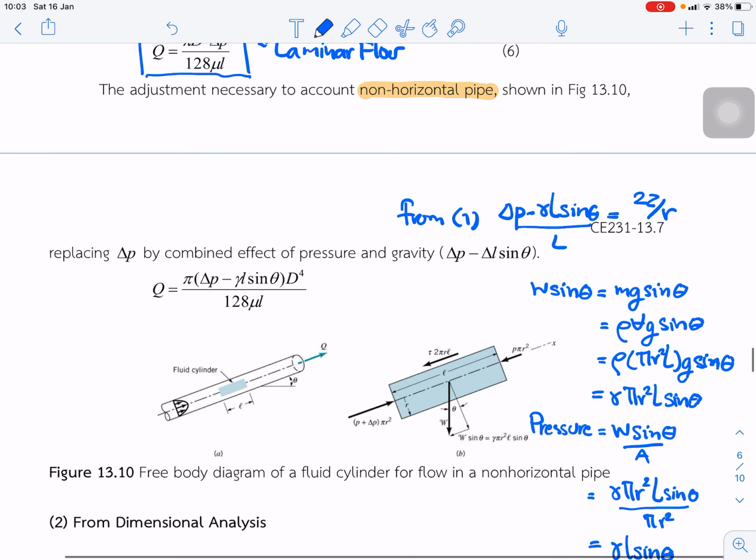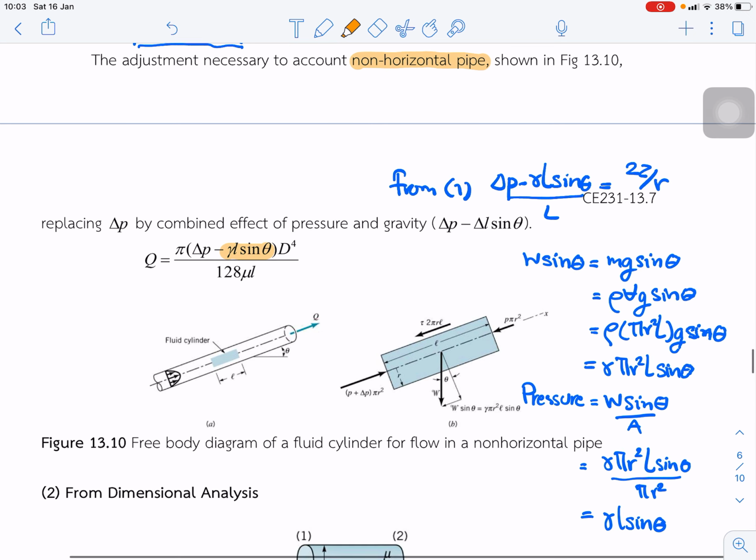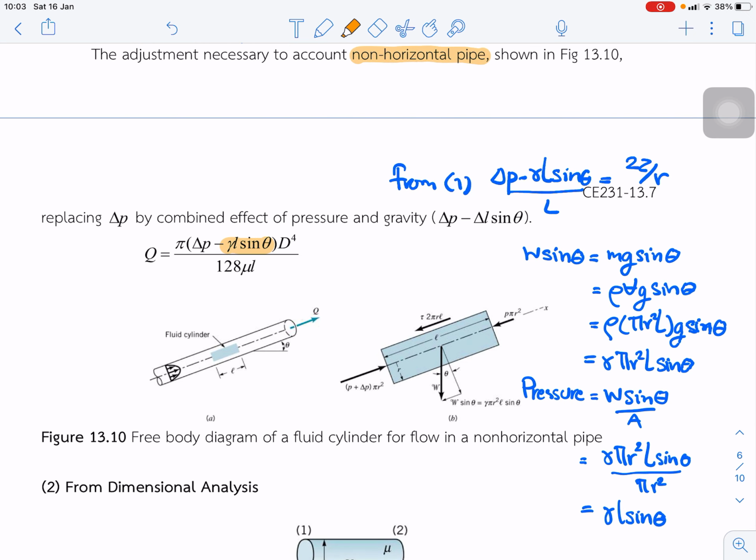Then you can see that we add another term here. So where does this term come from? This term comes from the weight component, W sin theta.